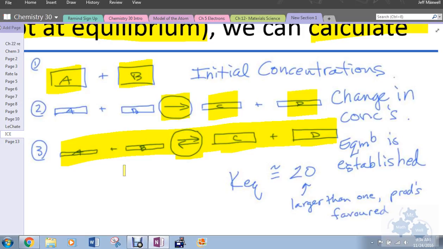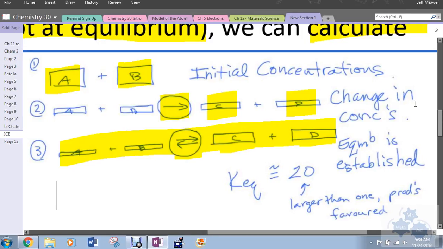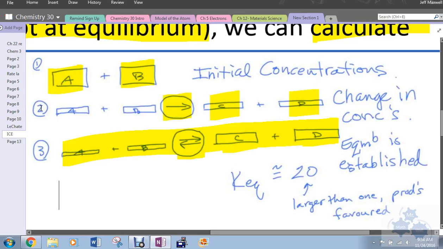Well, what happens is the guys and the girls start pairing off, and they go on the dance floor, and they're dancing, and this is happening one after the other. A and B are reacting to produce different dancing couples over here on the dance floor. So this is just going to happen. People are going to start dancing, pairing off and going on the dance floor. That is step 2.